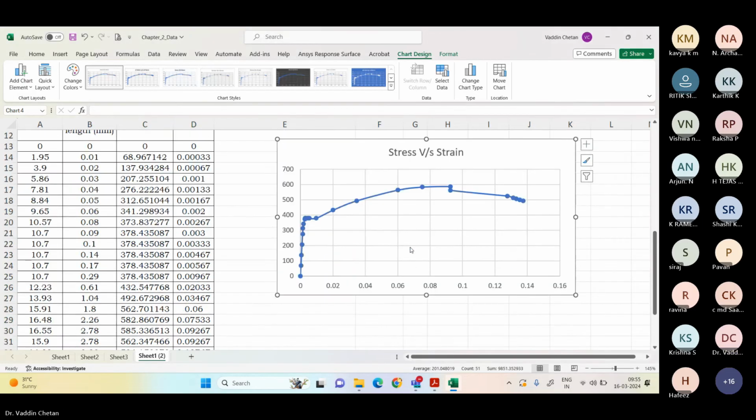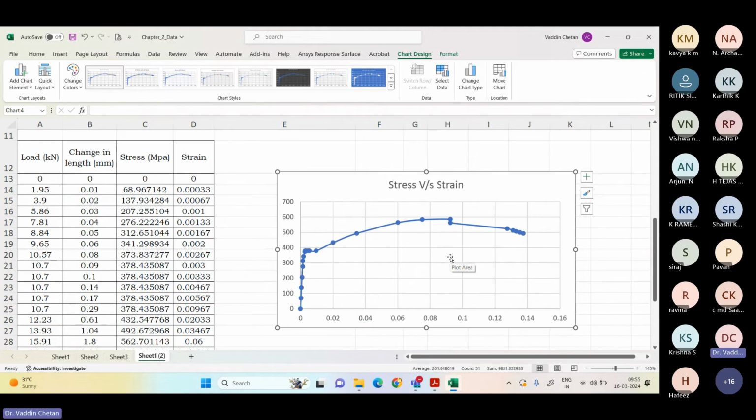So now I can see the stress versus strain plot.